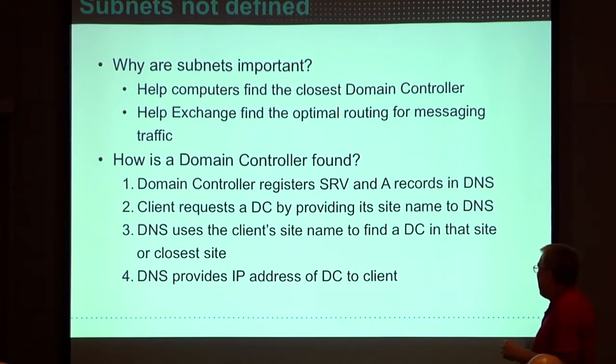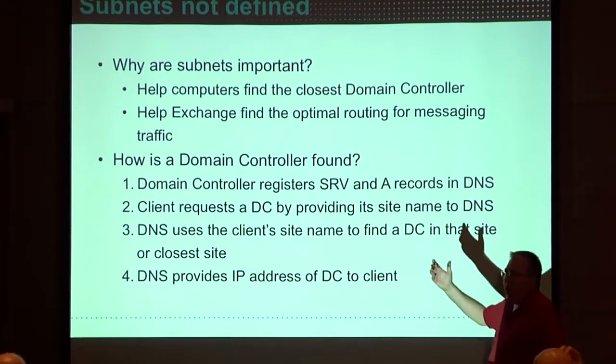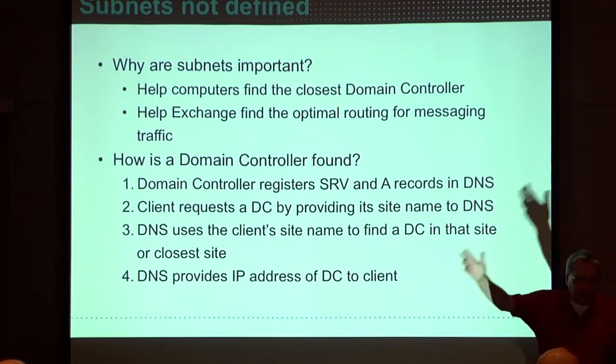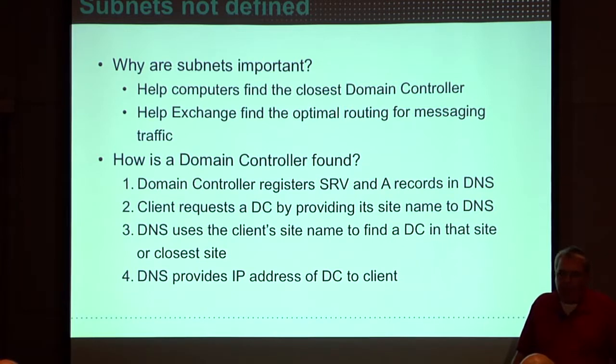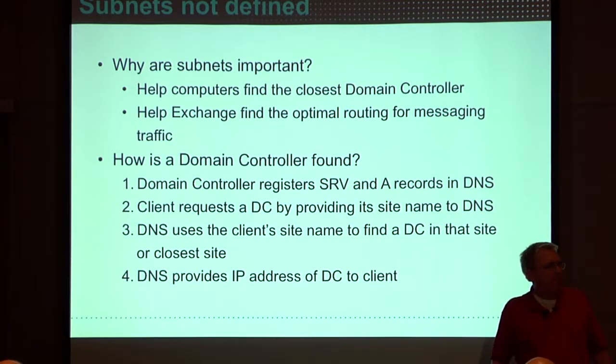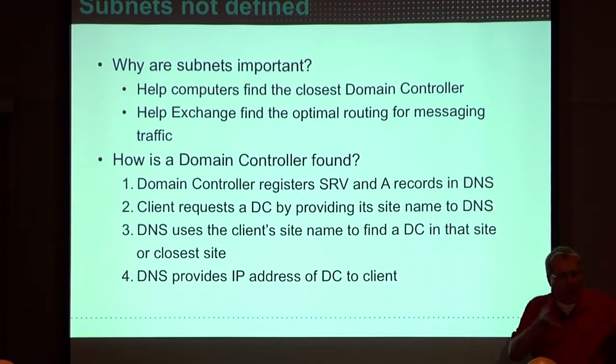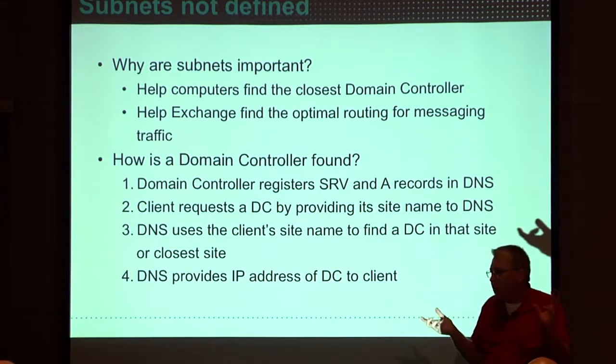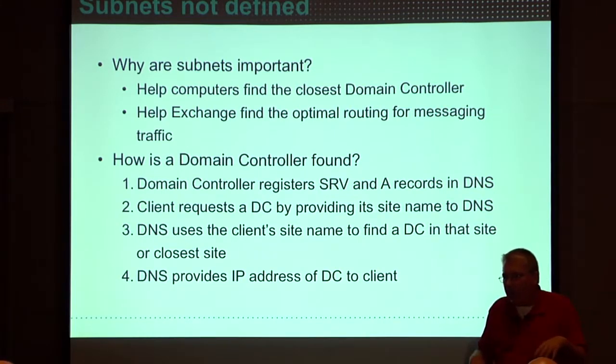Well, I'm going to come up and say, hey, my IP address is 172.16.1.1. And it's going to say, I don't see anything defined for 172.16. And it's going to say, are there any sites that are kind of closely related? No, I don't have any other sites closely related to that.